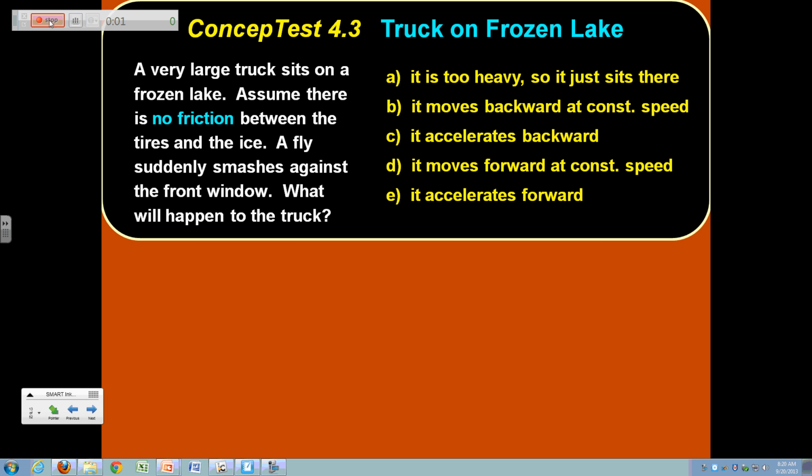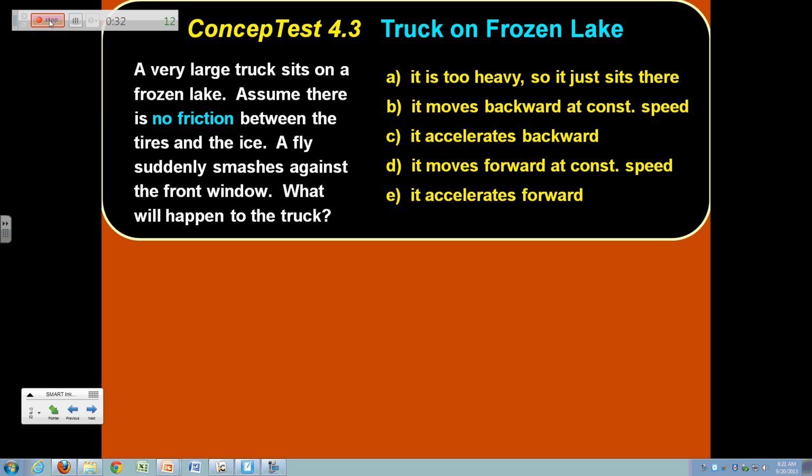Our very large truck sits on a frozen lake. Assume no friction between the tires and the ice, and this fly comes along and smashes into the windshield. I want to know what happens to the truck after the event of smashing into the windshield. What does the truck do? Doesn't matter?